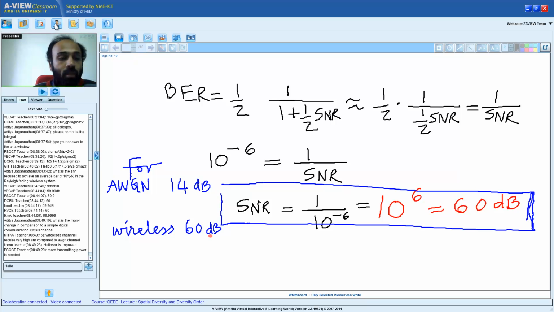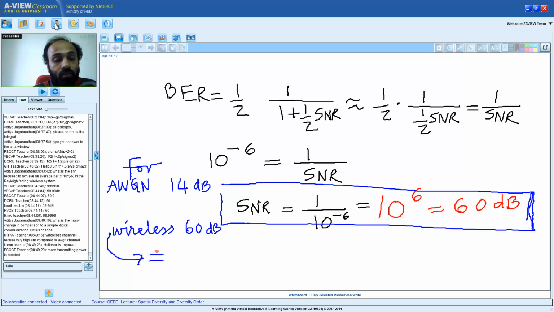So you require a much higher SNR in a wireless communication system. In AWGN the SNR is 14 dB, in wireless it is 60 dB. Therefore a significantly high transmit power is needed in a wireless communication system.